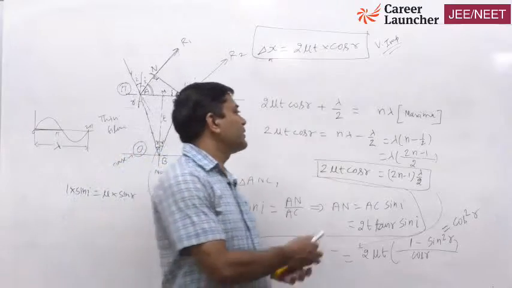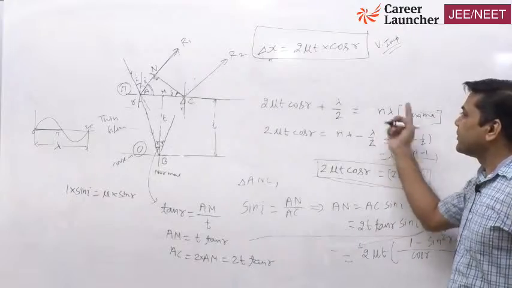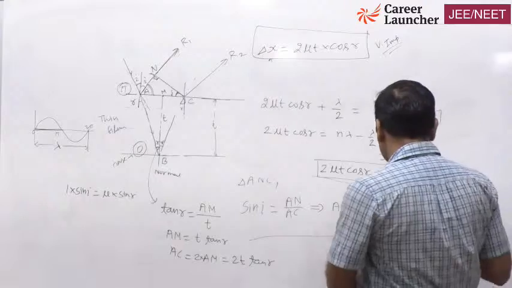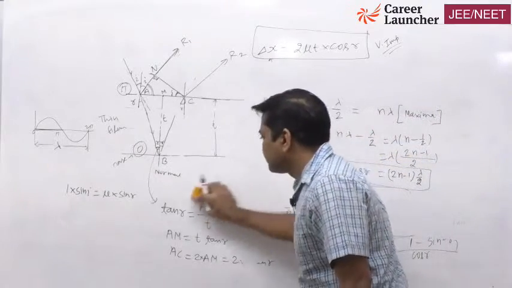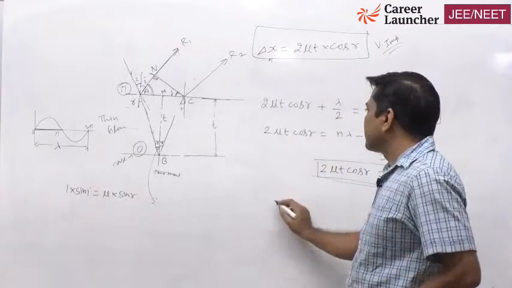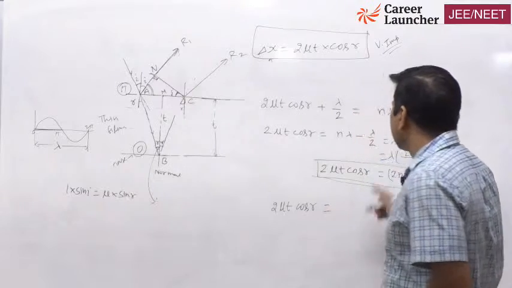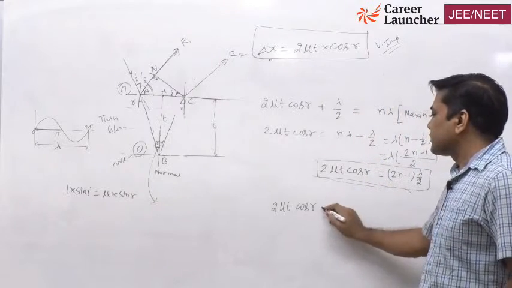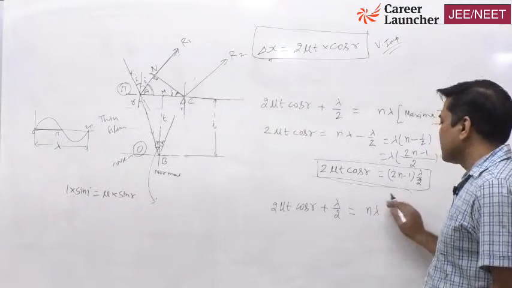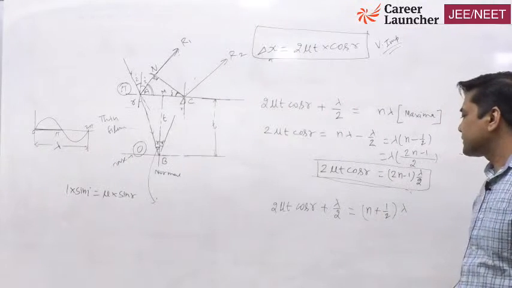And for minima, here you have to write n lambda plus lambda by 2, this will be cancelled out. So I am writing over here, for minima, 2 mu t cos r equal to n lambda plus lambda by 2, or generally you write, okay, can you recall this?